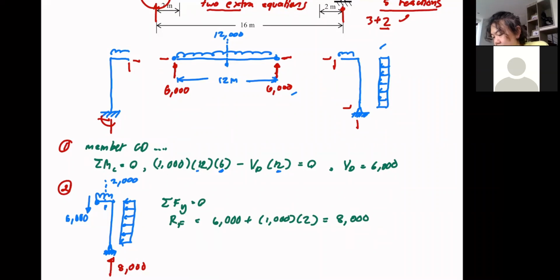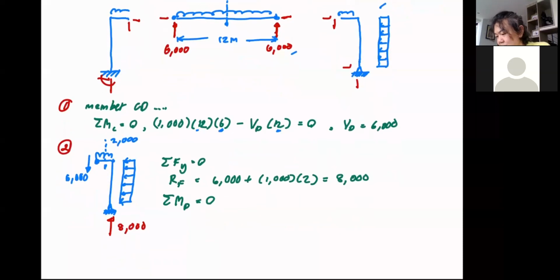So you can take sigma MD equal to 0. All right. You would say that this should be half of that, but don't forget we have the presence of the 2,000.